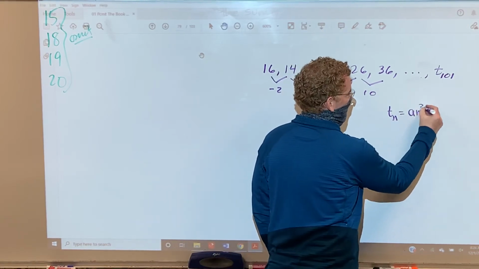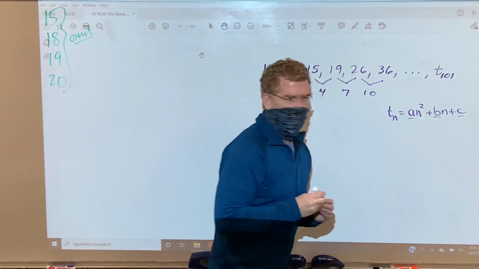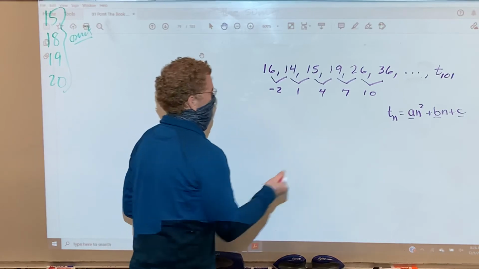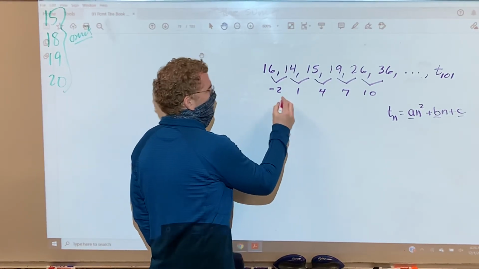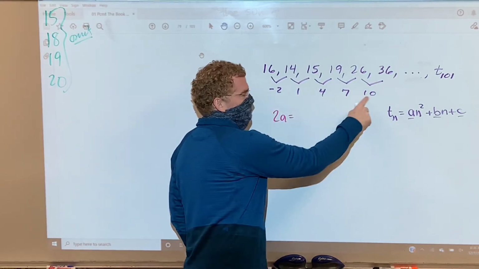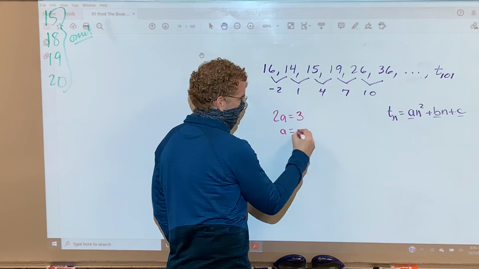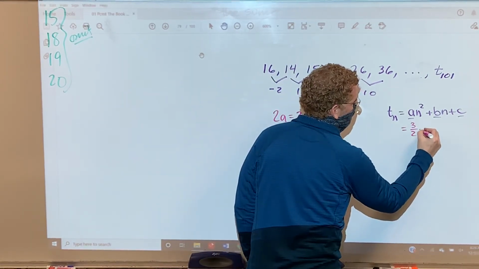The an squared plus the bn plus the c, which means I need those 3 letters. So what's the trick on finding the a value? So 2a is the difference of this little arithmetic thing. So 2a is 3. So a is 3/2. Check. I'm on my way.